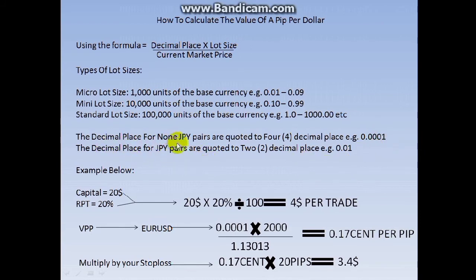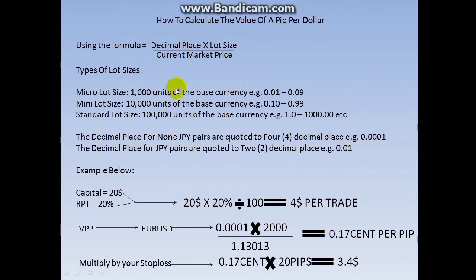By non-Japanese pairs, I'm referring to pairs that are not paired against the Japanese yen. As we learned in the basics of forex, Euro USD, Australia USD are all quoted to 4 decimal places, right?